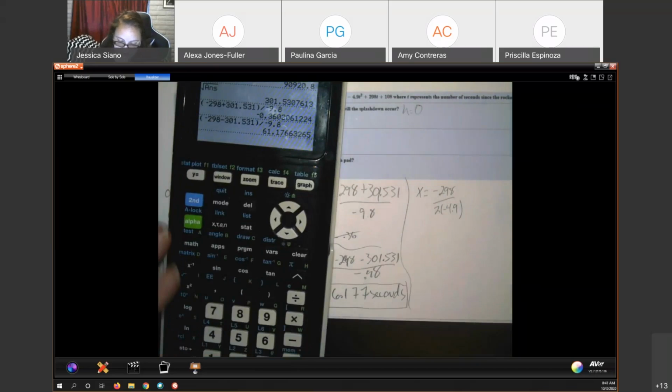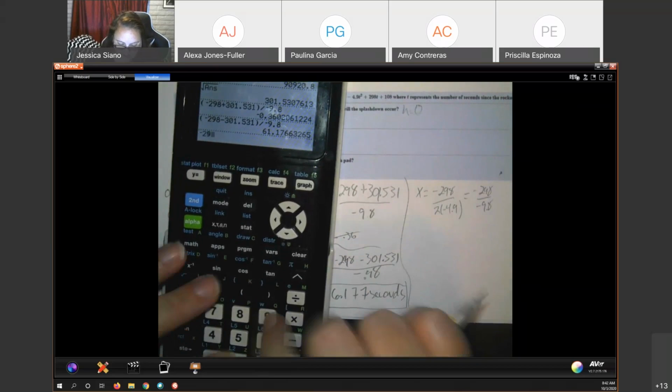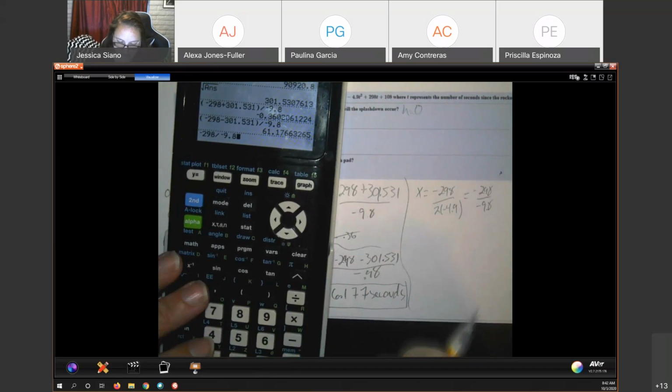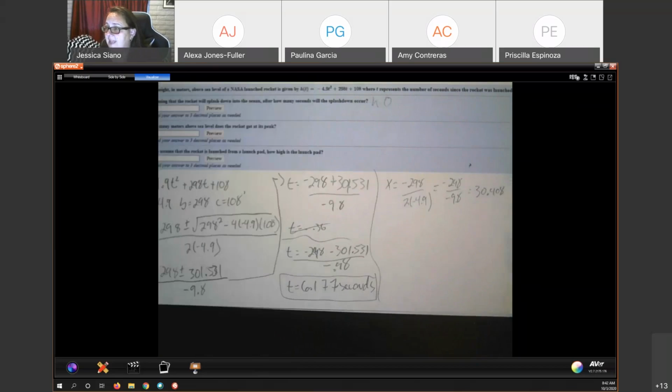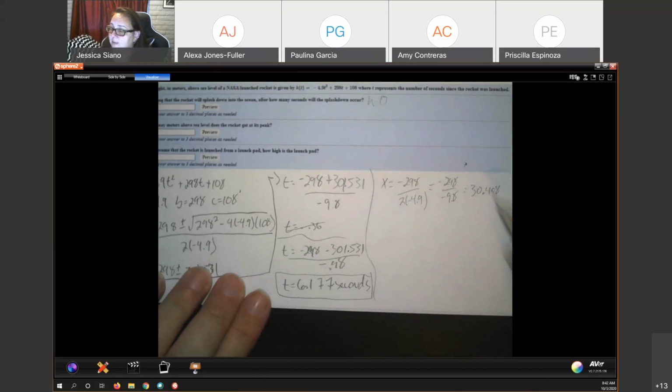So that's going to be negative 298 over negative 9.8. 30.408 seconds. So it takes 30.408 seconds for it to reach its maximum height.